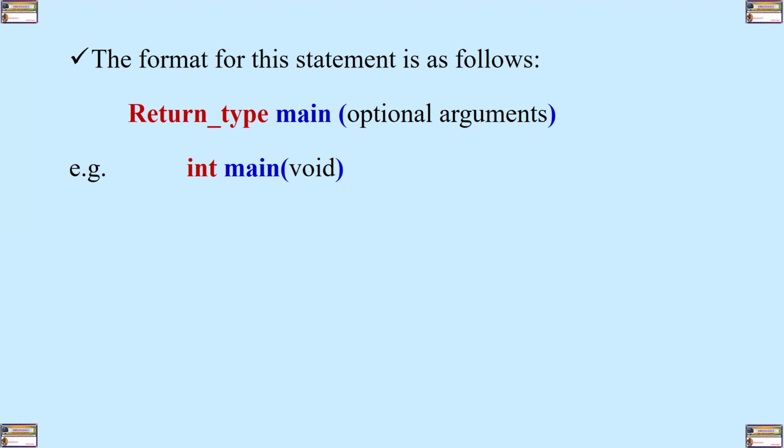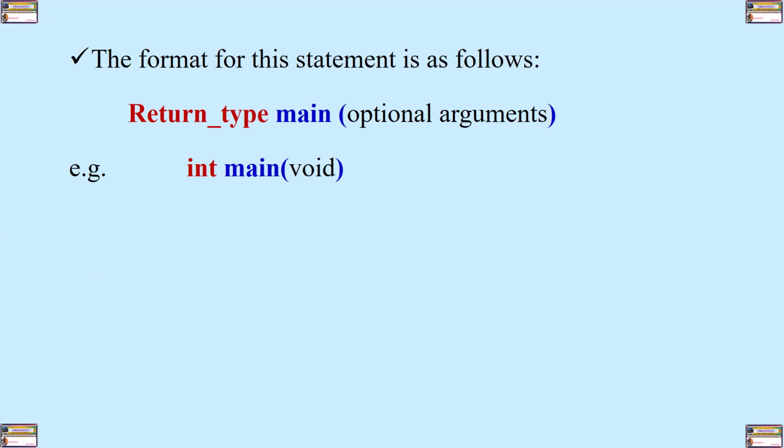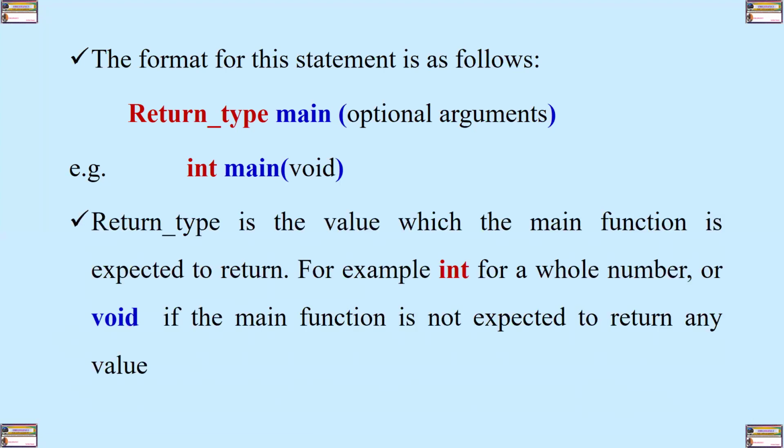It is this main function that is coded using this statement, int main. It can also be another type, like void instead of int, but you must have the main function and the parentheses. The return type, like int, is the value which the main function is expected to return.